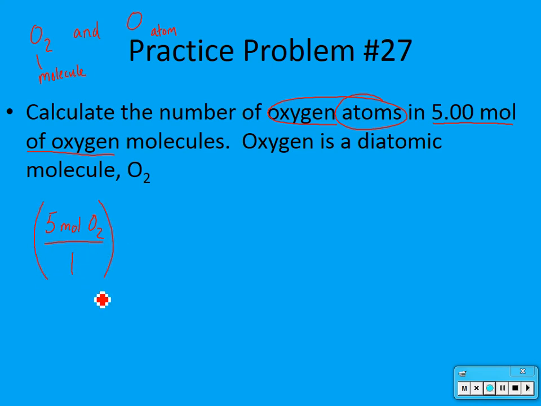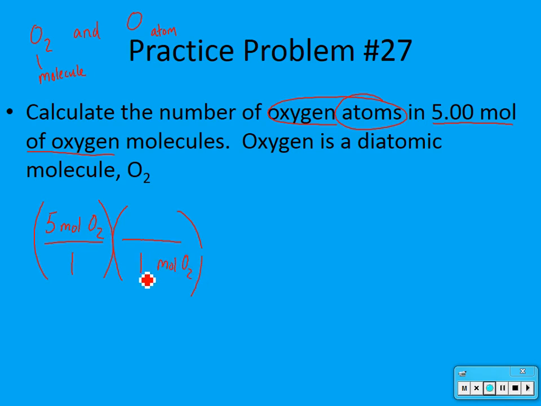Okay. Now let's look at the roadmap. I am at moles, and I want to go to molecules because O2 is a molecule here. And so let's do that. If moles of O2 is on top, I better have moles of O2 on the bottom.